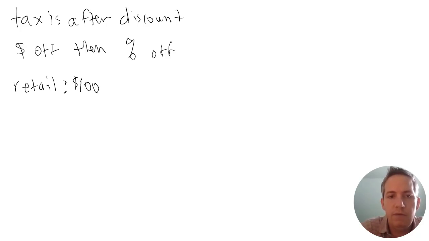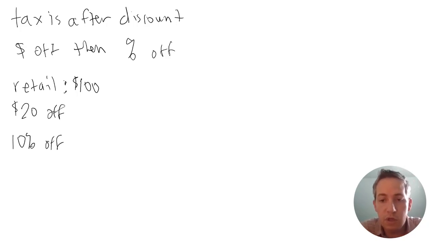And then you're going to get $20 off, and then you're going to get 10% off. You get to use both of these coupons. It happens, right? Because maybe you get $10 off your entire bill or something like that, but you only bought one thing. And you got 10% off, and then you had a $20 off coupon already or something like that.